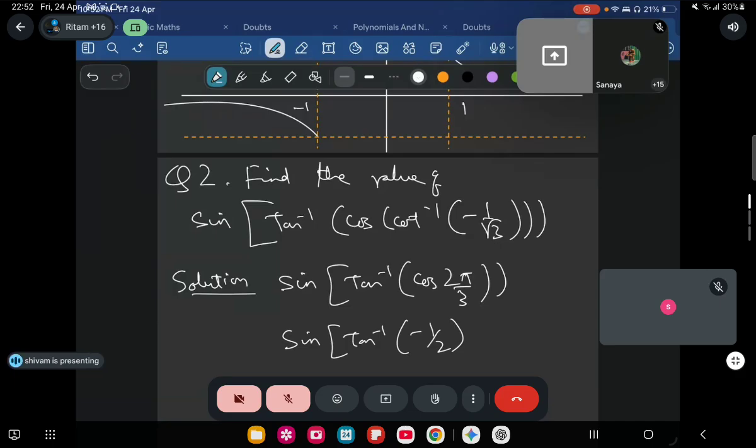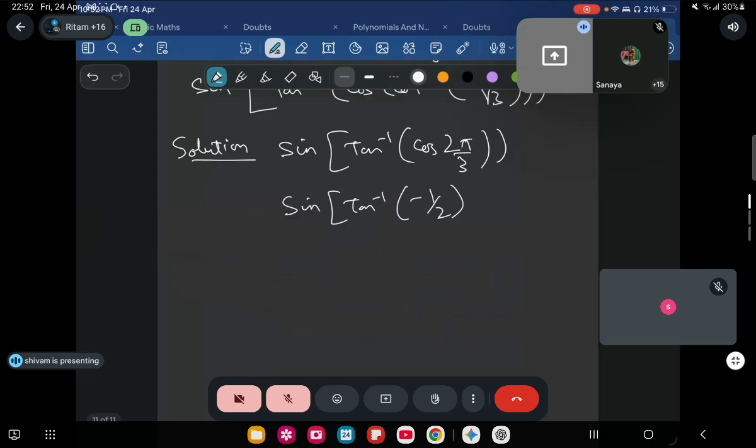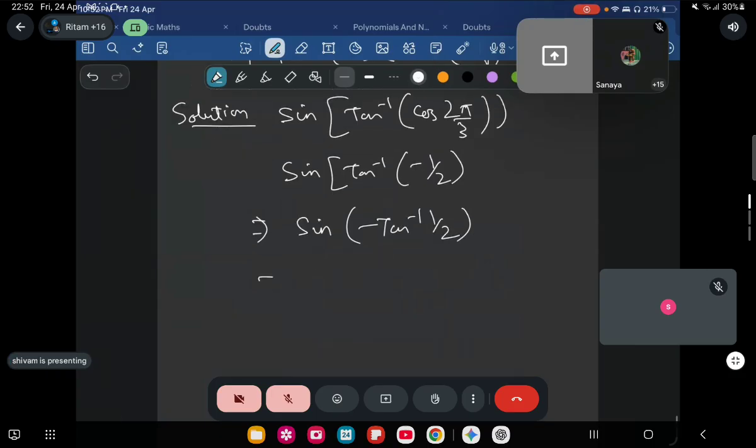Okay. Now we have to remove sine inverse. Sine of tan inverse minus half. So let us draw a triangle. Or what we can do is, see, tan inverse is an odd function. We can write it as sine of minus of tan inverse half. Now see, sine of minus theta is equal to minus sine theta.